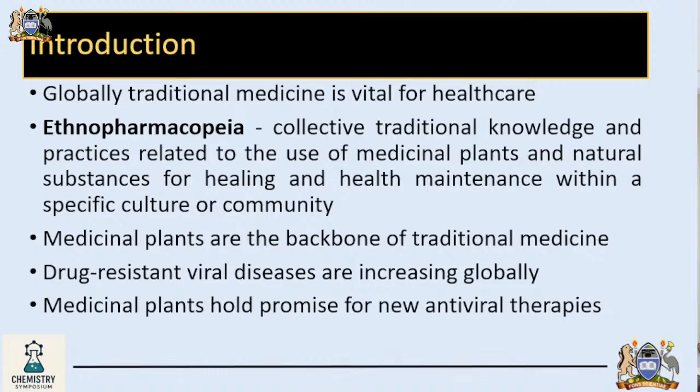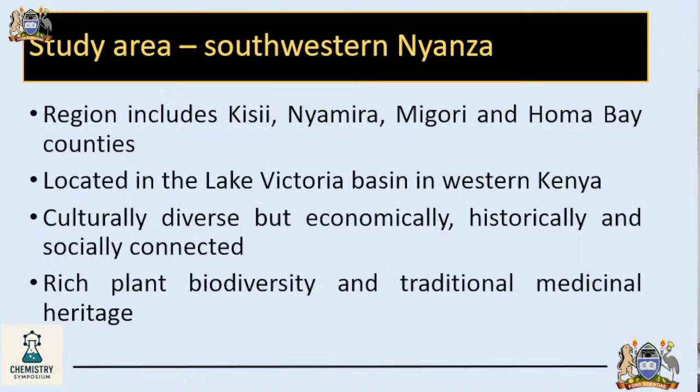We did an online search using a method. Our main focus was on antiviral plants used for treating viral diseases. The southwestern Kenya area is in the western south part of Kenya, and it is very rich in plant diversity. It also has very rich, strong traditional medicine use. So we can move on next.